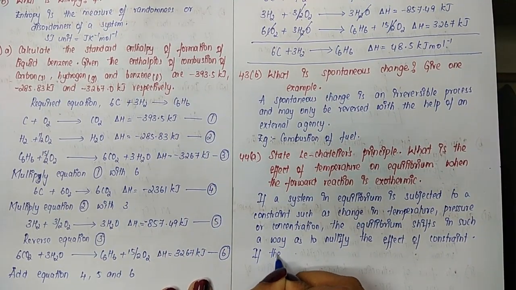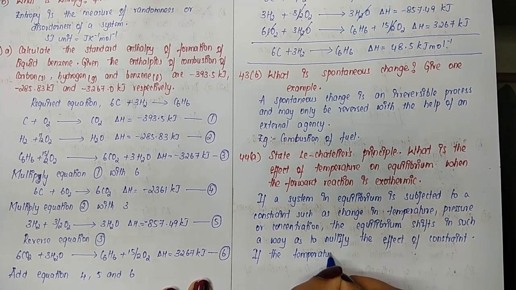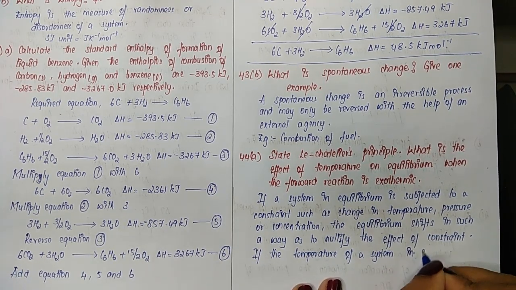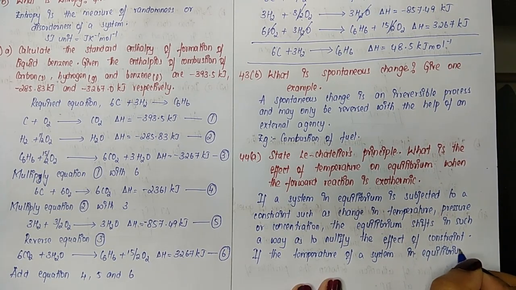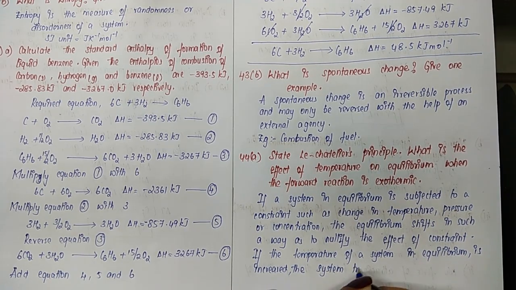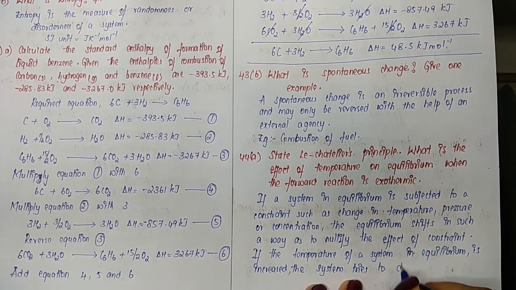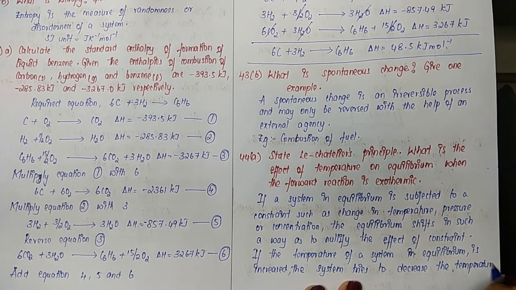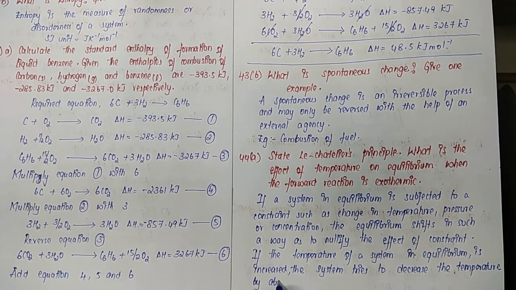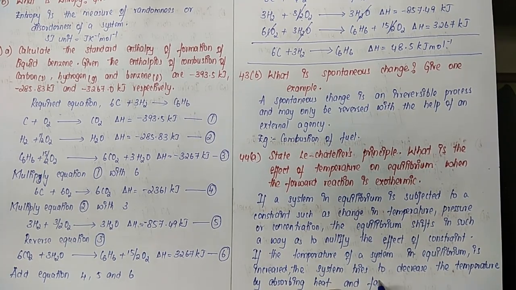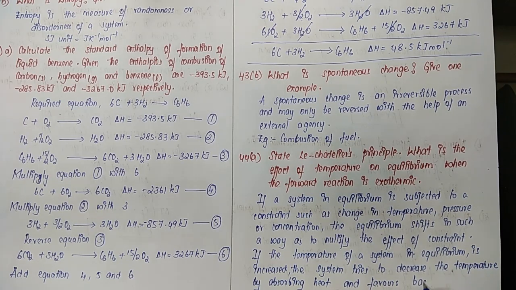If the temperature of a system in equilibrium is increased, the system tries to decrease the temperature by absorbing heat and favors the backward reaction.